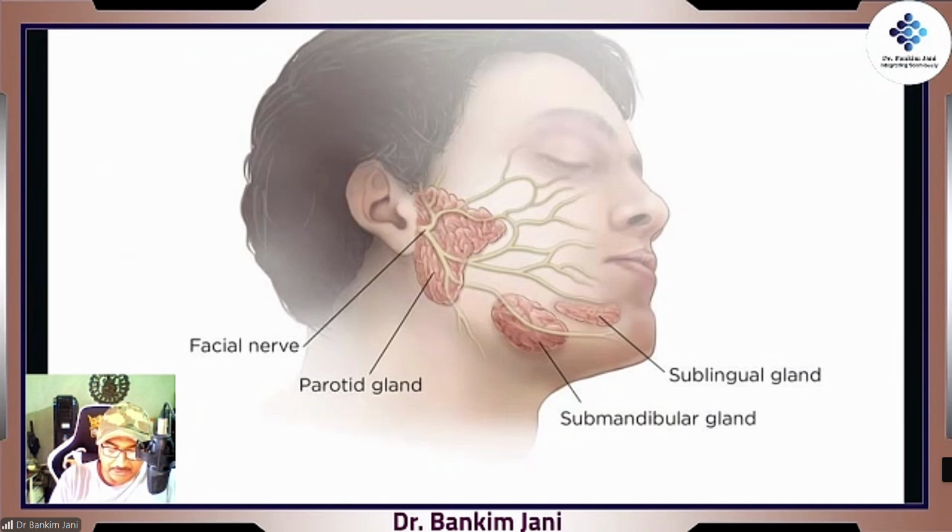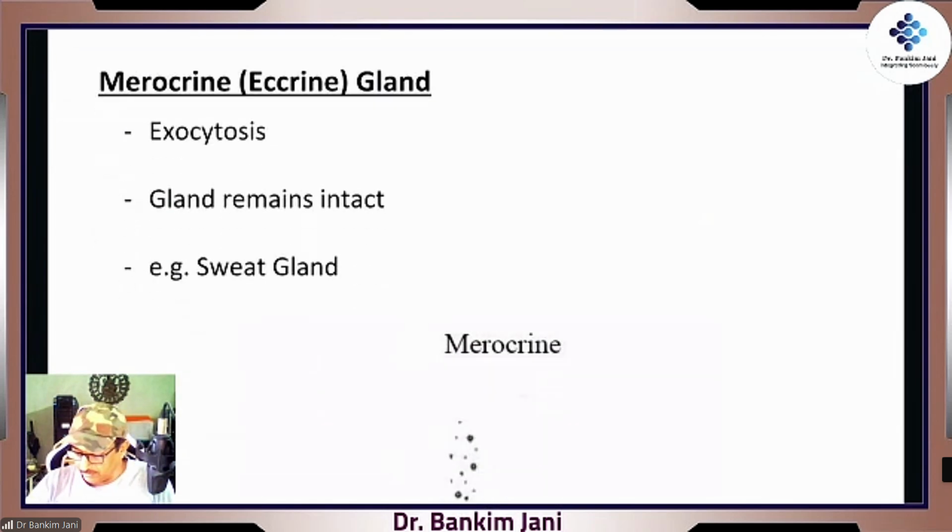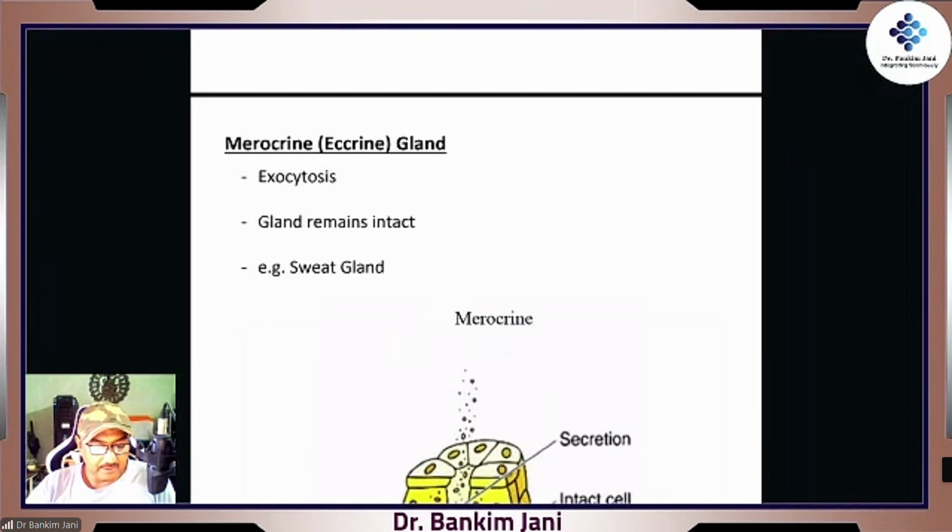That's the face, and here is the parotid gland, just over here, the first gland. Then the submandibular gland, and inside is the sublingual, which is underneath the tongue. Under the mandible it is submandibular, and parotid is just at this temporal area. So we start with merocrine.